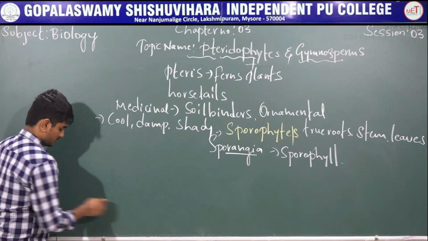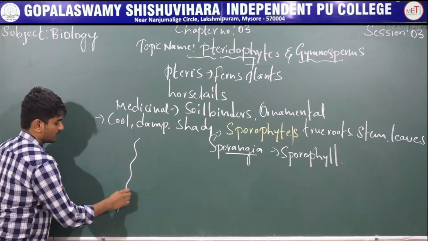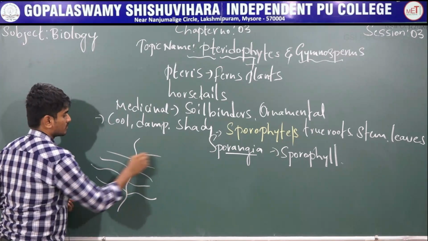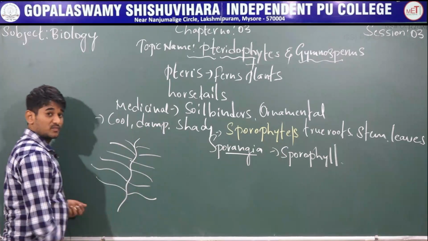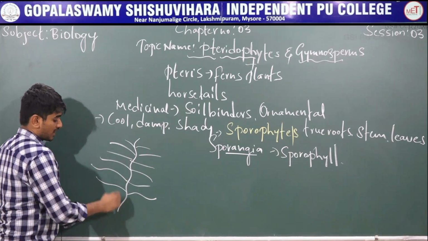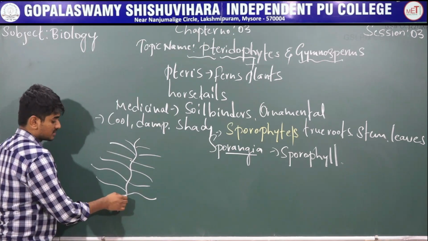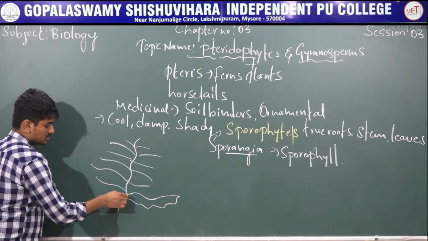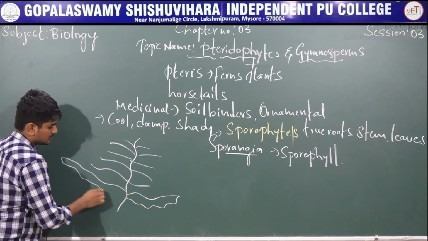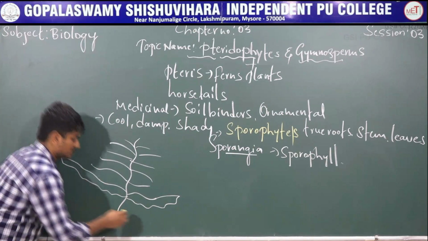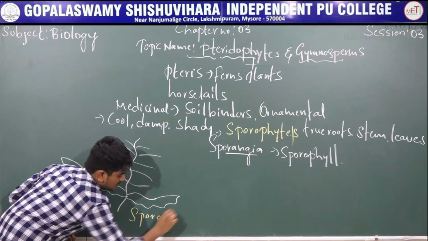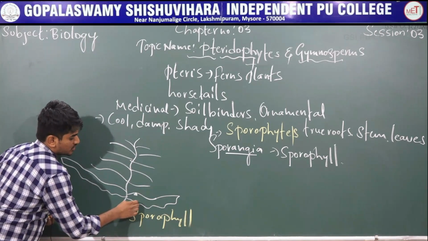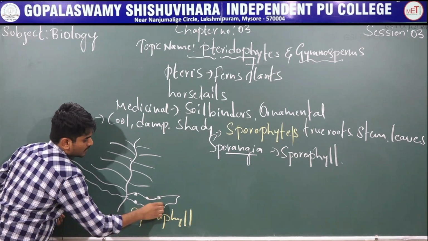The sporophyte produces sporangia that are subtended by leaf-like appendages, called sporophylls. This sporophyll contains a number of sporangia.